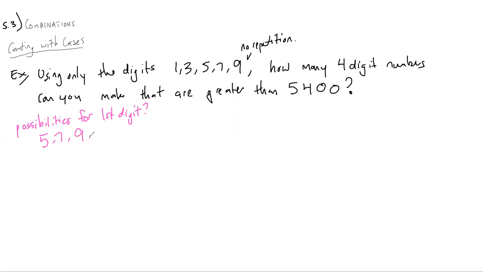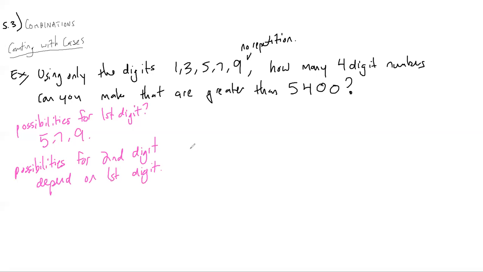But then from there, there are different possibilities for the second digit depending on what you chose for the first one. So for example, if you chose 7 or 9 for the first digit, the number is automatically going to be bigger than 5,400 because the first digit is bigger. But if you chose a 5, you have to be a little bit more careful.